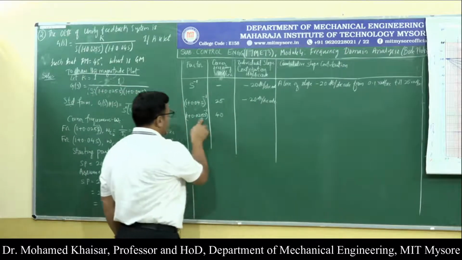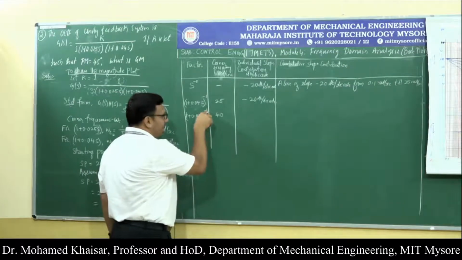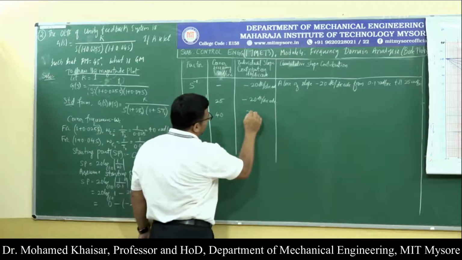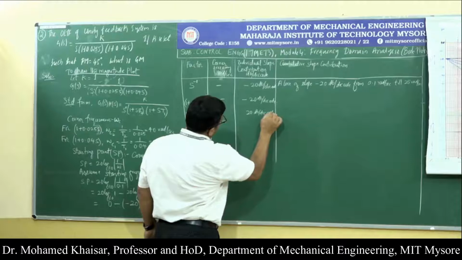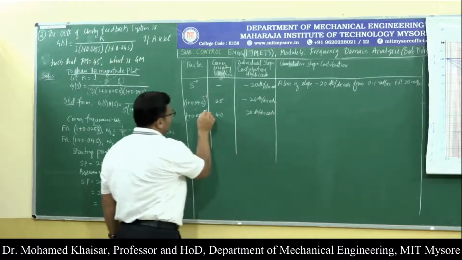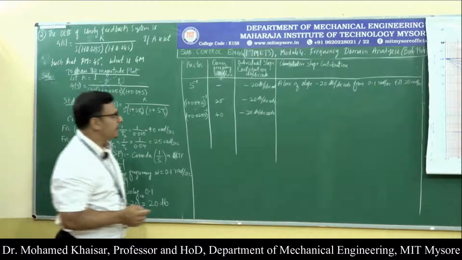And similarly here also, see, the power of S is 1, the factor power is also 1, so 20 decibels per decade will be the individual slope contribution, and then it is also present in the denominator, so negative sign, so minus 20 decibels per decade.